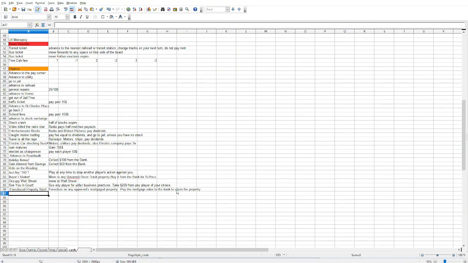I'm actually seriously considering having the orange ones be these transit vouchers, because the transit vouchers do interesting things, like the free cab fare ones that only add a limited number of spaces to when you move.